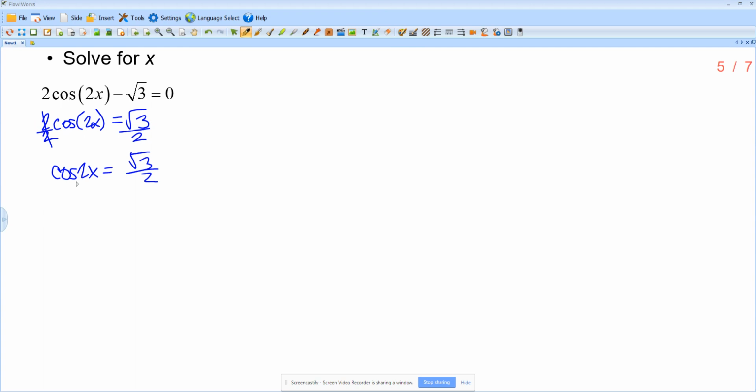So what I'm going to do now is go to the unit circle, but what I'm solving for is not x, it's 2x. And you'll see how that pans out. If I go to my unit circle, cosine being root 3 over 2 happens here and here. If I think about these locations, this is pi sixths and 11 pi sixths.